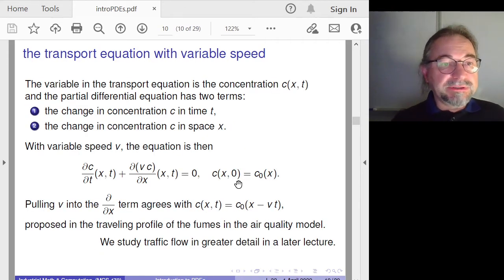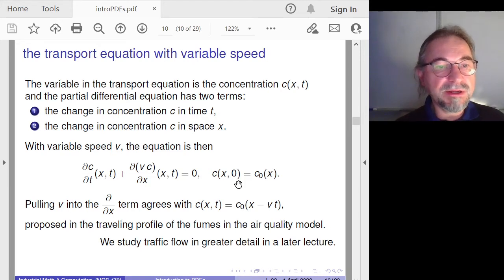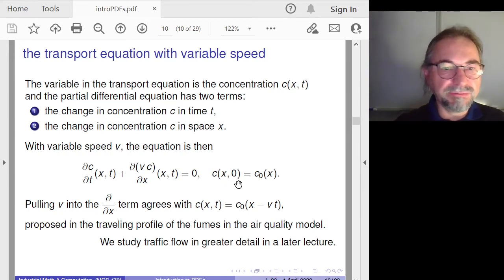So how does this change our equation? Well, instead of putting v as a constant, we now have v related to the concentration. So we still have the proposed solution in mind with the initial concentration.